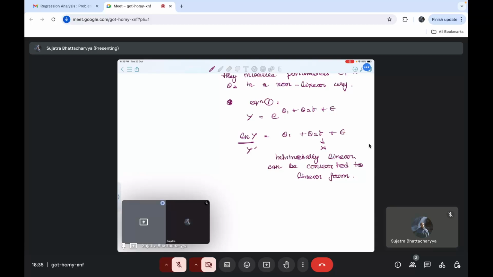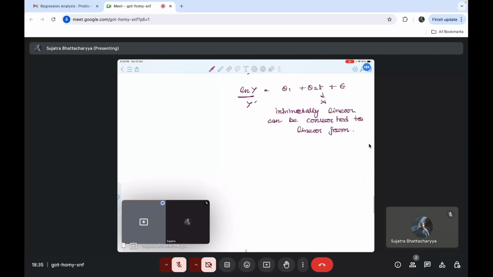All right. Now let's look at the symbols. That is, you have your linear regression model and the non-linear estimation or non-linear model. First is the response variable. For the linear regression model, the symbol is y.